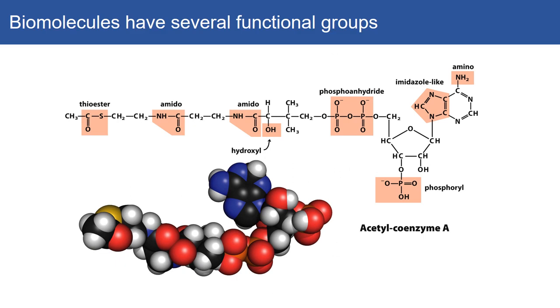Again, biomolecules commonly have several functional groups that provide important functions within that cell, and they can be as complex or as simple as a carrier. In this situation, this is acetyl-CoA. Acetyl-CoA is a carrier of the acetyl functional groups, and the different functional groups that ornament this hydrocarbon backbone provide functionality, allow it to interact with different molecules in specific ways, and that specificity allows important reactions to be regulated and controlled.